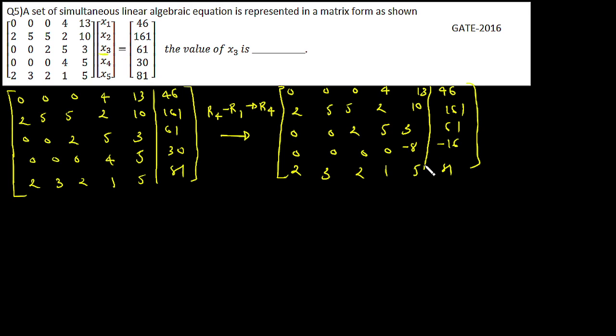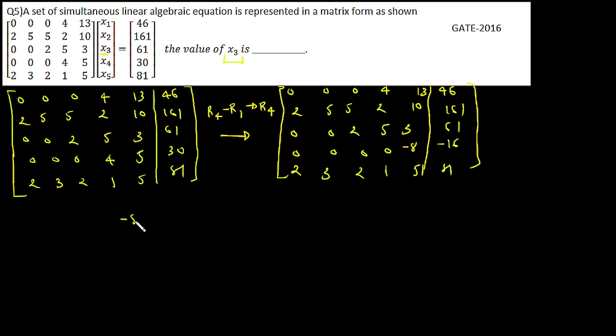Now let's just find the values of the variables from this matrix. We don't need to further reduce this matrix because we can easily find the value of x3 from it. So first of all, let's compare this.